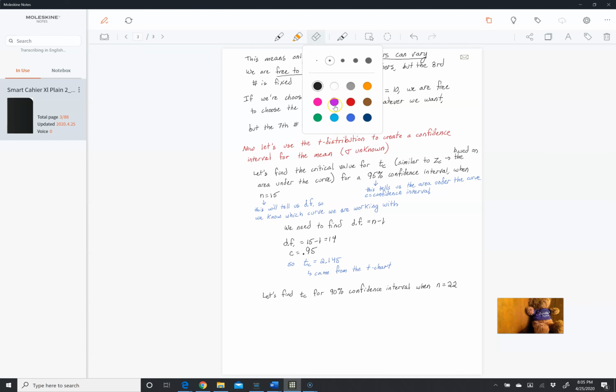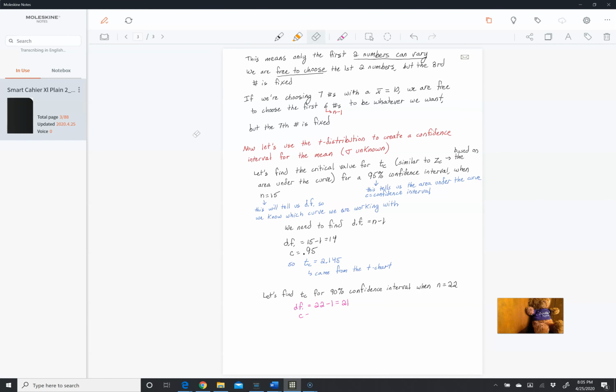I'll put our answers in pink. We have to find the degree of freedom. The degree of freedom is 22 minus 1, right? It's our n minus 1. So our degree of freedom is 21.